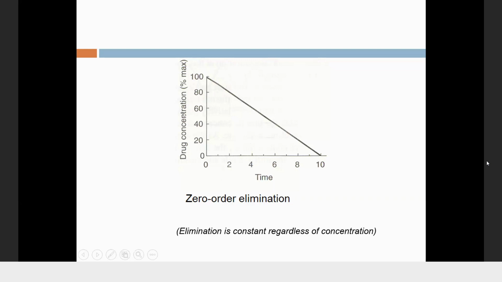So 60 to 40, another 20% drop in concentration. If I draw a line, it is at the sixth hour, which is another 2 hours. So the concentration is dropping every 20%, from 100 to 80, 60 and so on, at a constant rate of elimination, which is 2 hours.